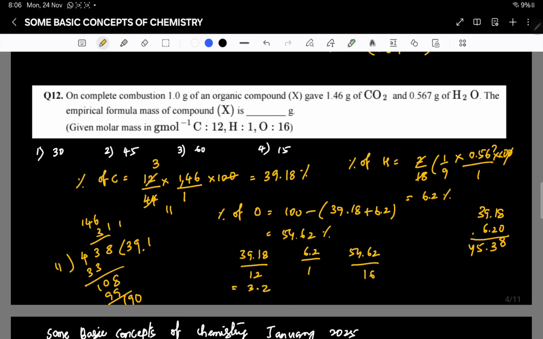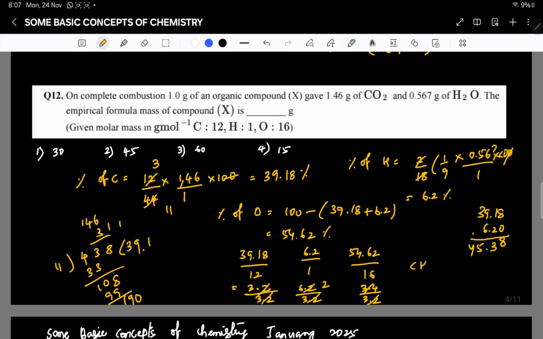I am writing student 3.2 and this will be 6.2 and this 54.62 divided by 16. So this closest will be 3.4 student. So take the smallest ratio student. This will be 3.2, this will be 3.2, this will be 3.2. So number of moles of carbon will be whole integer ratio only. So this will be 1, I will take this will be 2 and this will be 1.